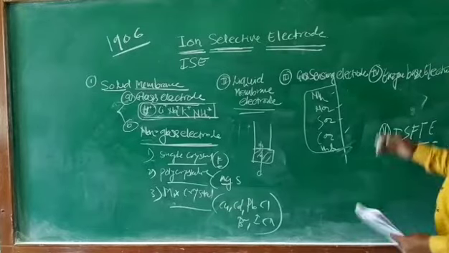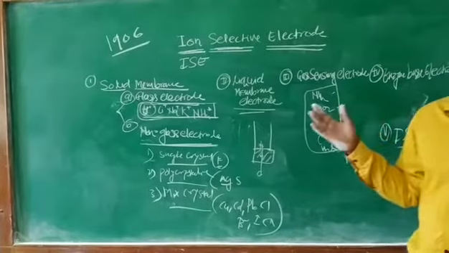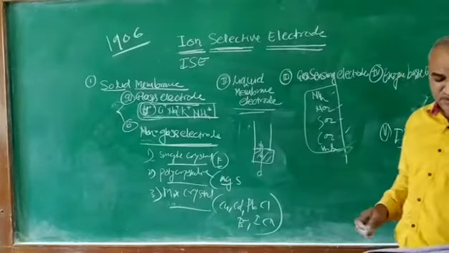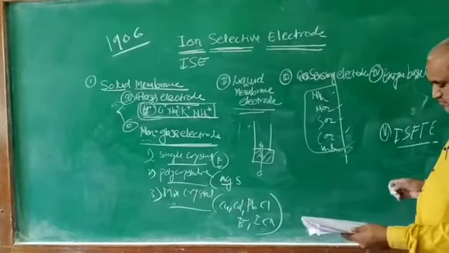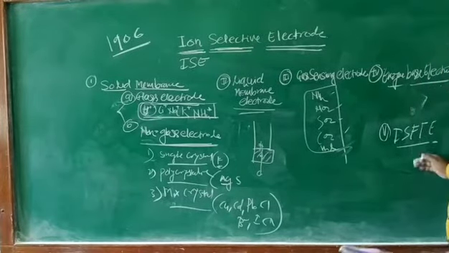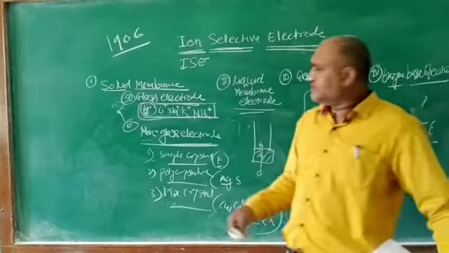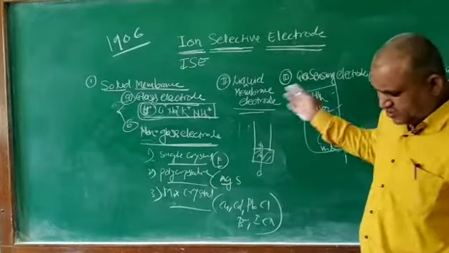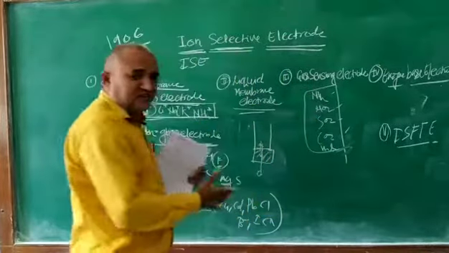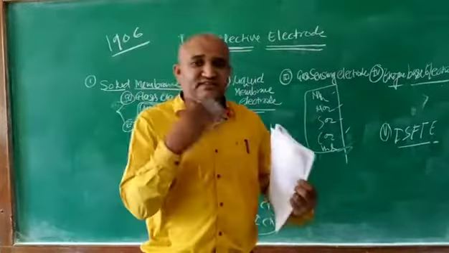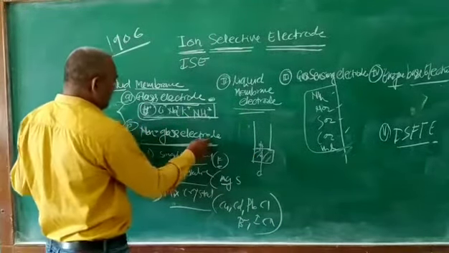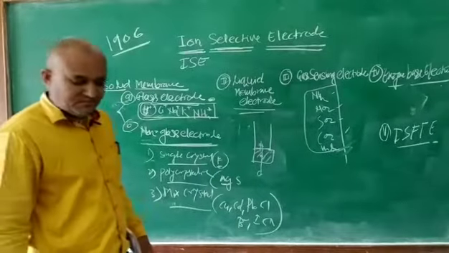Second, the enzyme based electrode, for the detection of urea and others. And next is the ion selective field transistor electrode. These are only the classifications. In the next lecture, we will see the glass electrode and other electrodes in detail.